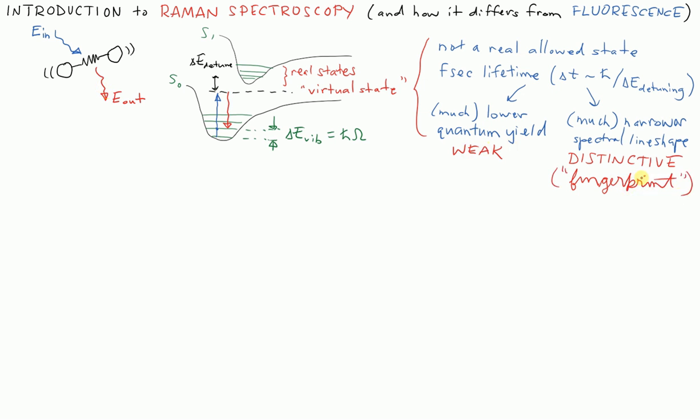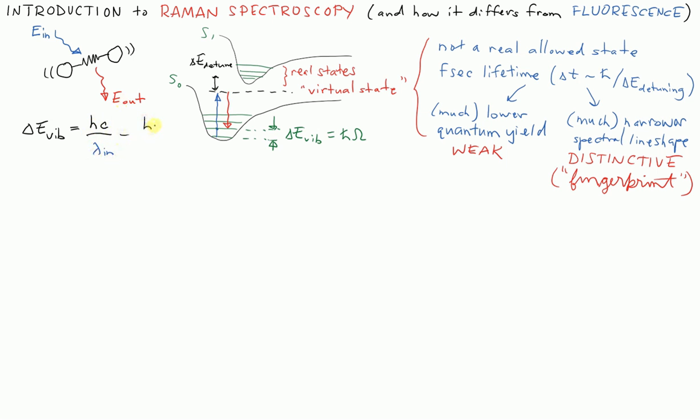Okay, let's go back to the change in energy here that we got from E in and E out and start learning the language here. So we have a delta E of the vibration, and we can think of that as the energy in minus the energy out. So we can write energy in and energy out in terms of two fundamental constants, Planck's constant and the speed of light in vacuum. If we write lambda in the denominator, we have the energy of the incident photon.